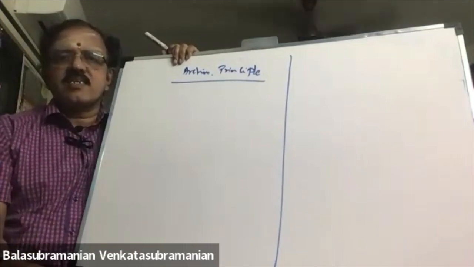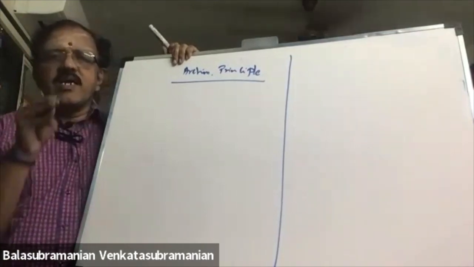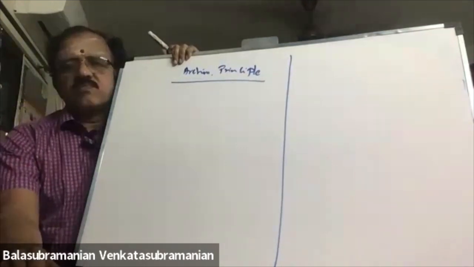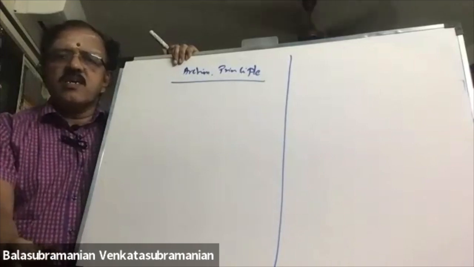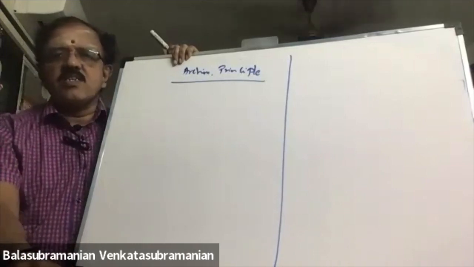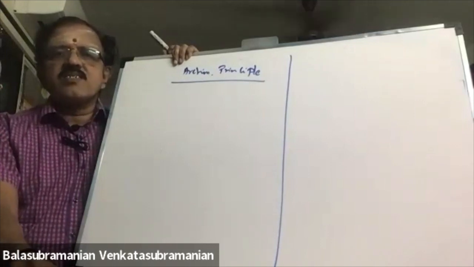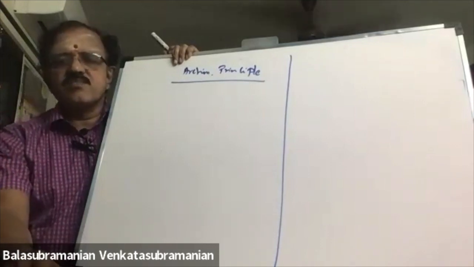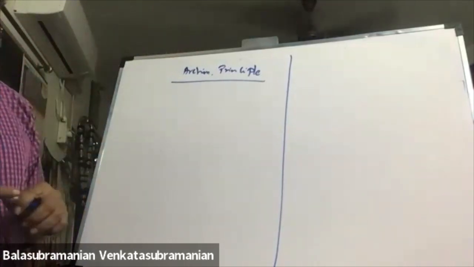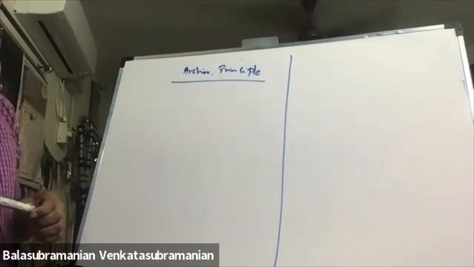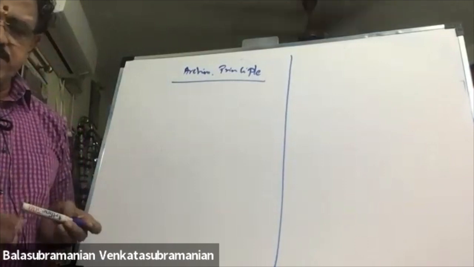I don't understand, sir. Actually, how to calculate this apparent loss? Mass into g is called weight. So if you know the mass, you can calculate the weight easily. So apparent loss of weight means calculate the apparent loss of mass, into g will give you the weight. Simple concept. So laws of flotation, basic concept based on your Archimedes principle.